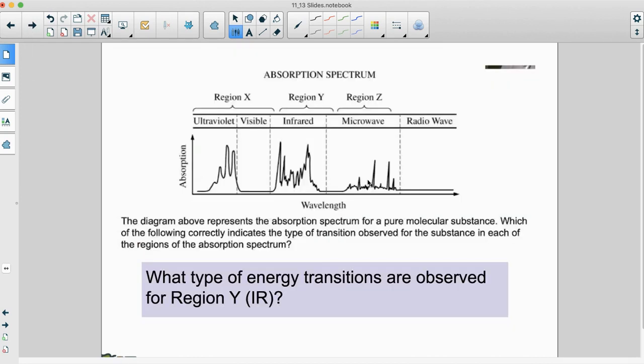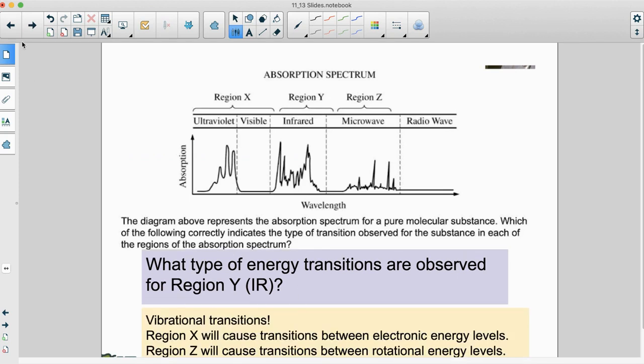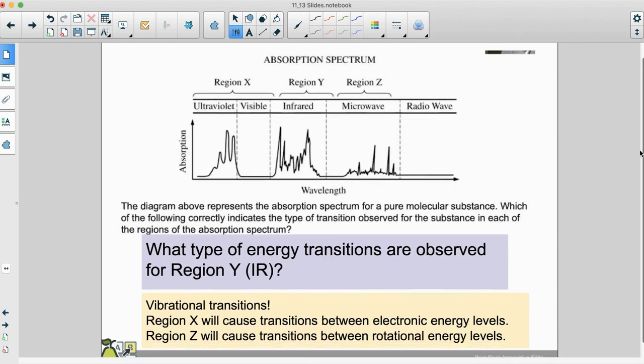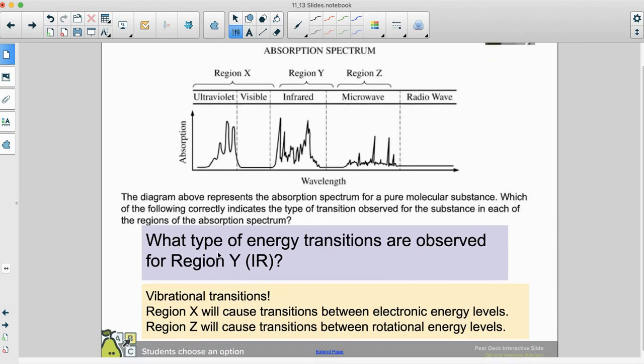All right, so this problem asks what type of energy transitions are observed in region Y. Region Y is the infrared, so we would expect vibrational transitions to occur in the infrared. Region X will cause transitions between electronic energy levels, and region Z causes transitions between rotational energy levels.